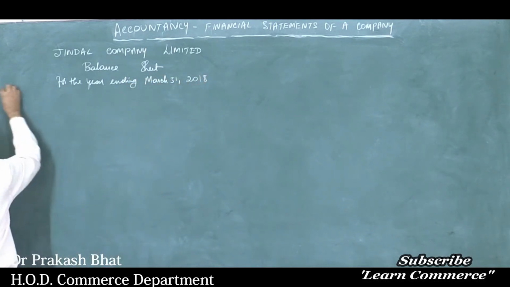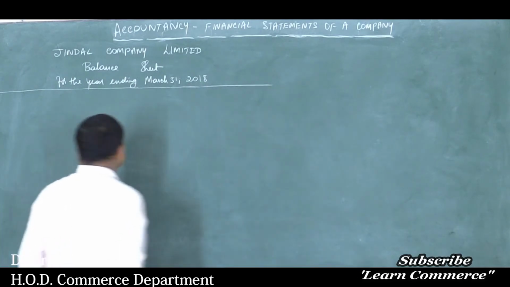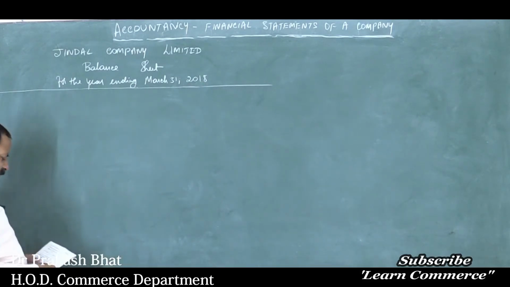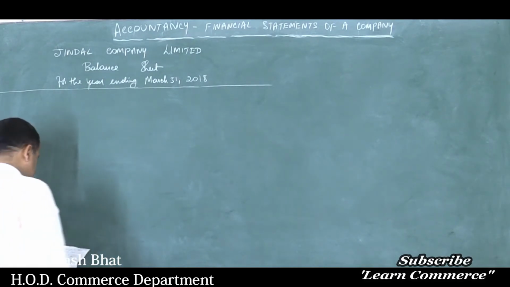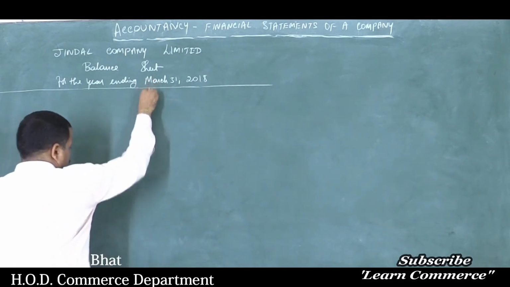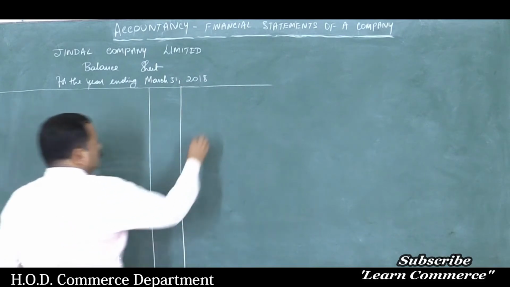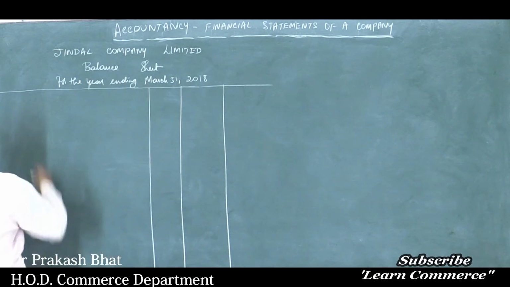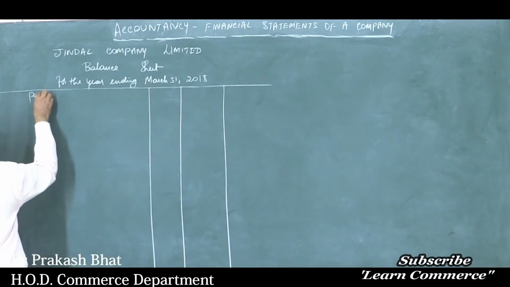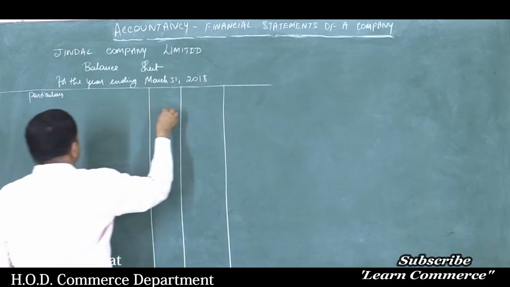2018. Now, draw the columns. Same columns as you prepared for statement of profit and loss, correct? Yes, that is particulars, then note number, then figures. Same columns, whatever you have prepared for statement of profit and loss, in the same way.